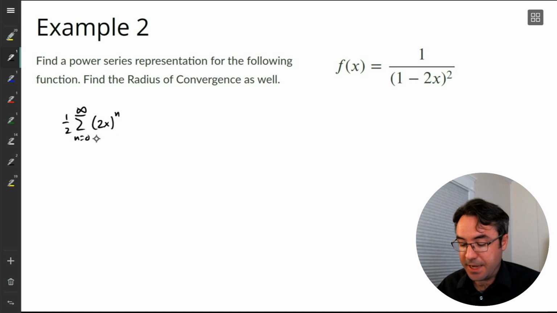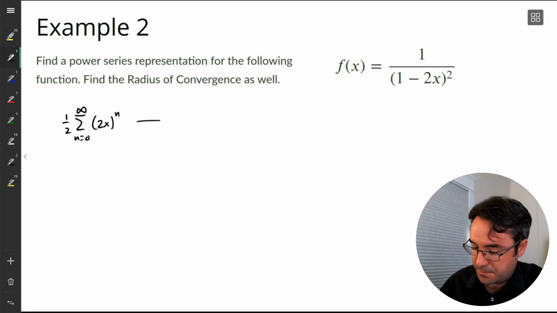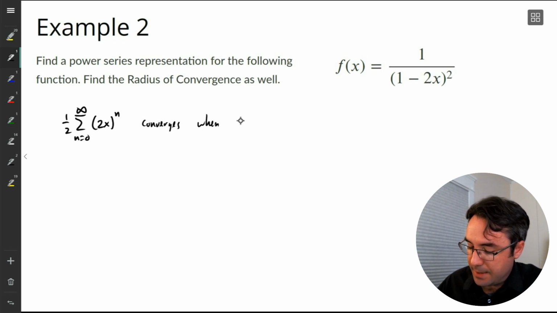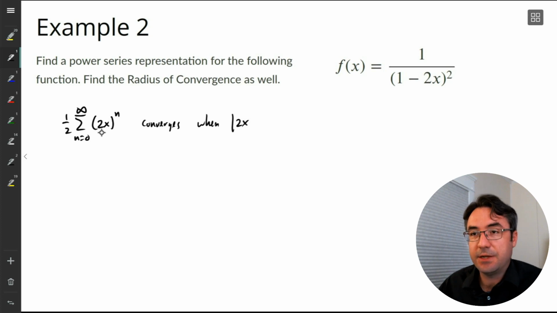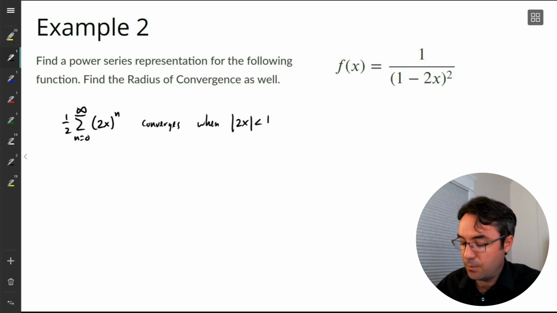And this is a geometric series with a constant multiple in front, but that constant multiple is not going to do anything. So this converges when the absolute value of that geometric part, the 2x, the r value there, is less than 1.